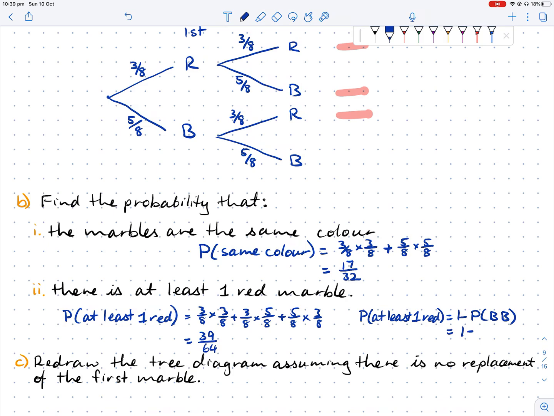So that's going to be 1 minus 5 over 8 times 5 over 8. So that's this branch here. If I take 1 minus 5 over 8 times 5 over 8, I do end up with 39 over 64. So I do have the exact same answer there.